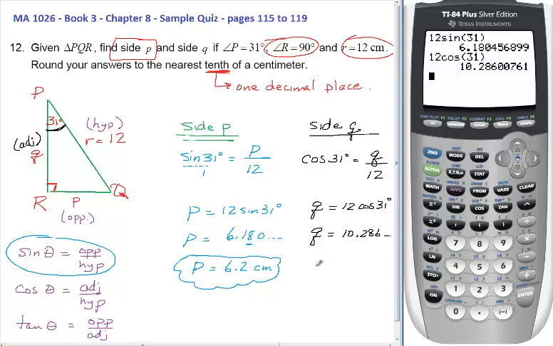Now we have to round to 1 decimal place, a tenth. So that means if that's 8, the 2 goes up to a 3. So it's 10.3 centimeters. So there's the answer to the first long answer question on your sample quiz for Chapter 8.